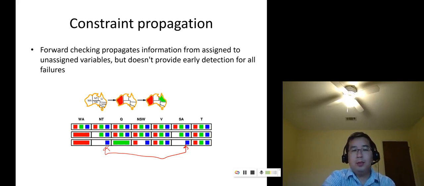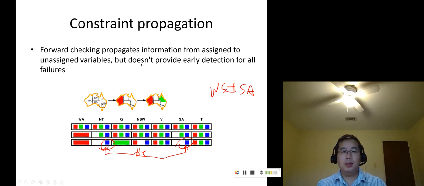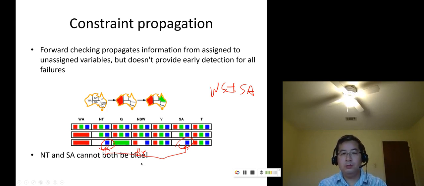In this step, we perform further checking. For example, this one has a tie as well: NT cannot be equal to SA. But here there is only one value, and if you check, you already find the failure. You don't need to go on to find the next variable to assign a value. NT and SA cannot both be blue. They cannot be equal to each other.